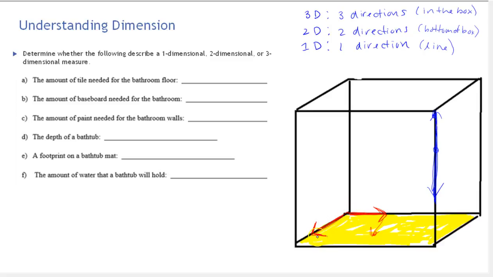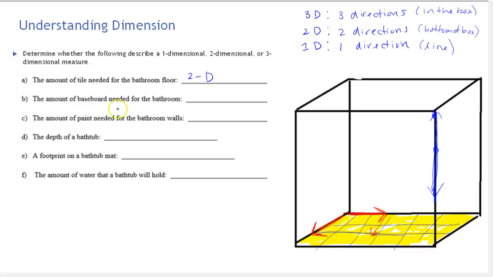But for the most part, when we're measuring the amount of tile we need, we're measuring the number of squares that would fill up the bottom of the floor, which would look like this. Okay, so this is two dimensions or a two-dimensional measure. So we'll put 2D for short.